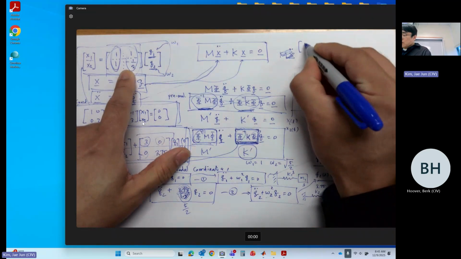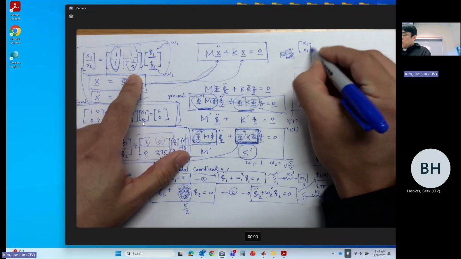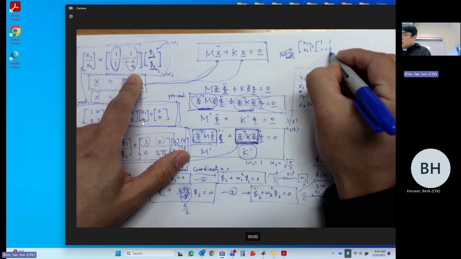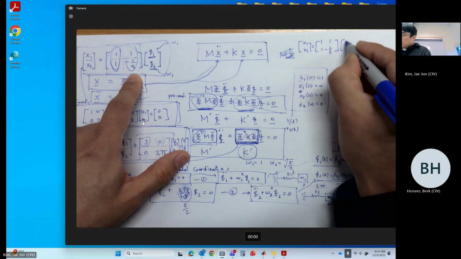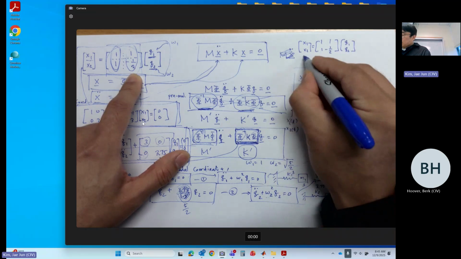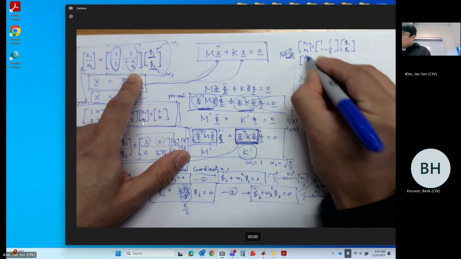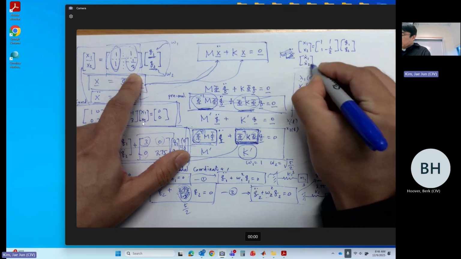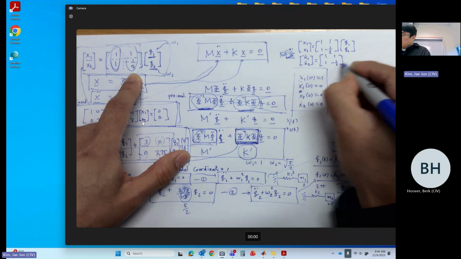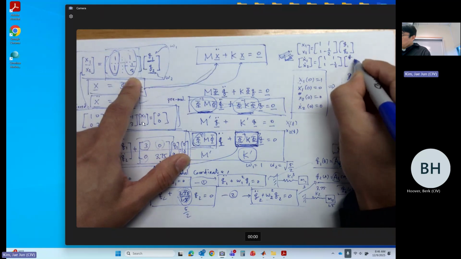So you know that x1, x2 is the matrix 1, 1, 1, minus half, times q1 and q2. Same thing for velocities: x1 dot, x2 dot is 1, 1, 1, minus half, times q1 dot, q2 dot.